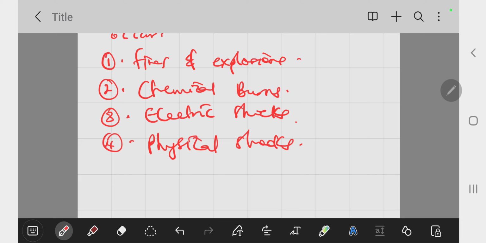So most of these are pretty much self-explanatory. When you look at a fire, you know what a fire is. An explosion, you know what an explosion is. So you can even have chemical burns. A typical in-depth workshop course might also look at what a scald is, so maybe you guys can just research what a scald is and how it differs from a burn.